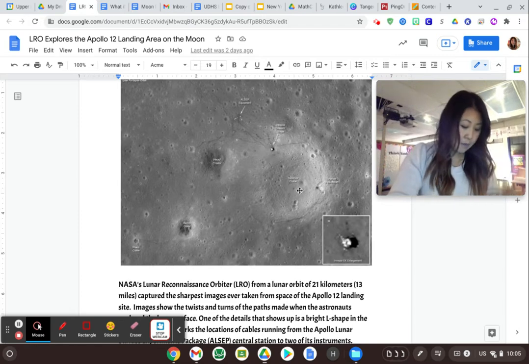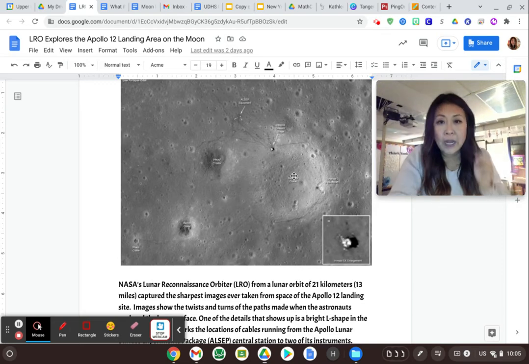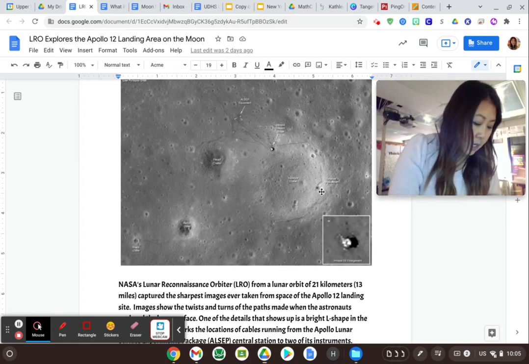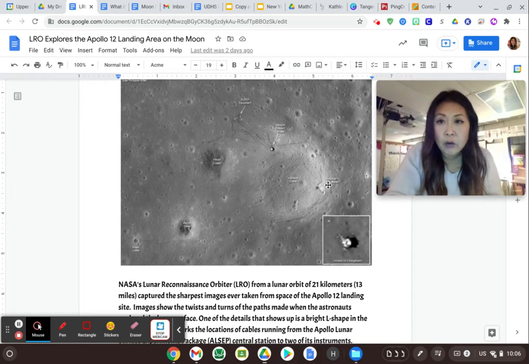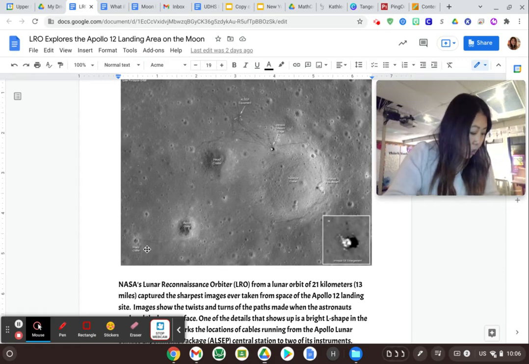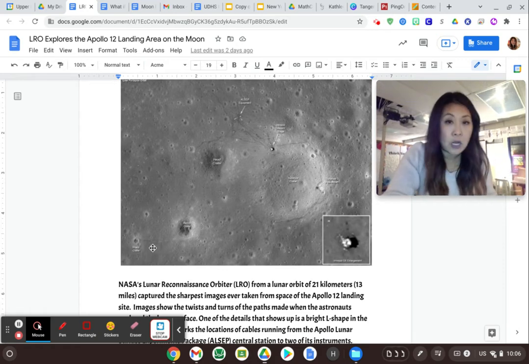This one is called the Surveyor Crater. You need to know this. And this is the Surveyor spacecraft right here. So you're going to need to know these four, and then this one over here, which is the sharp crater in the corner.